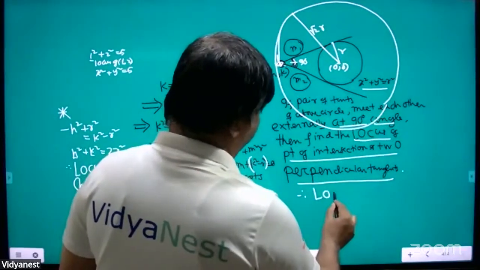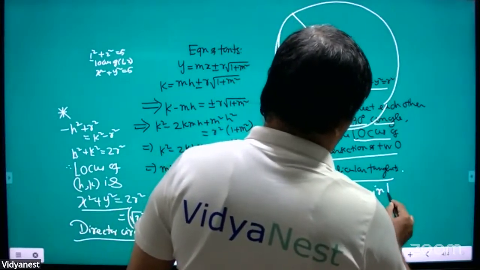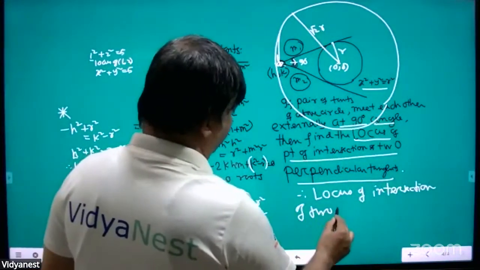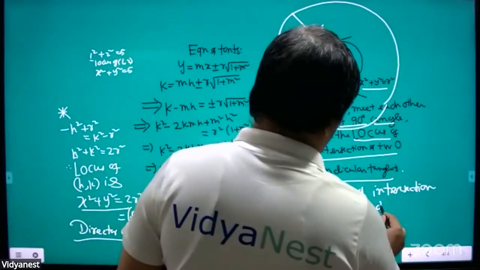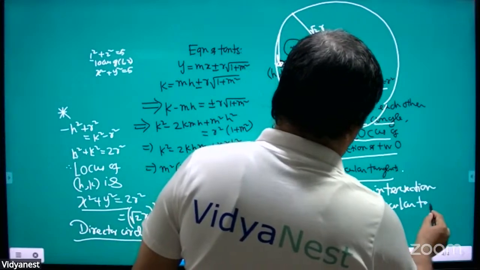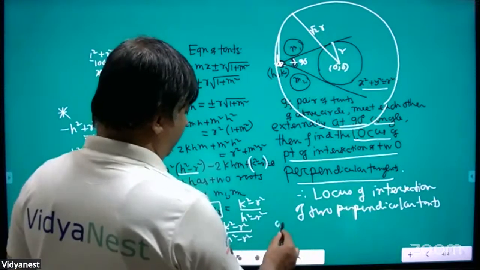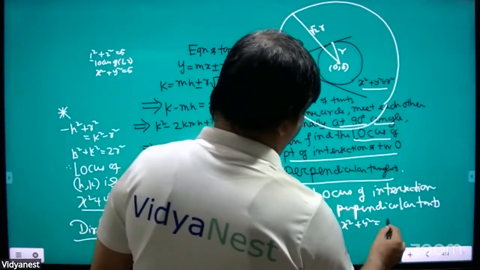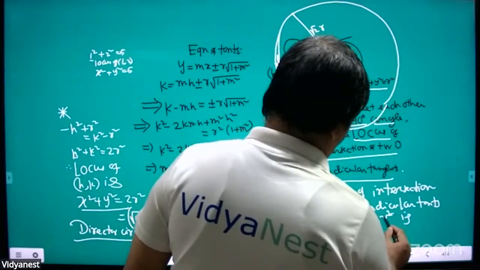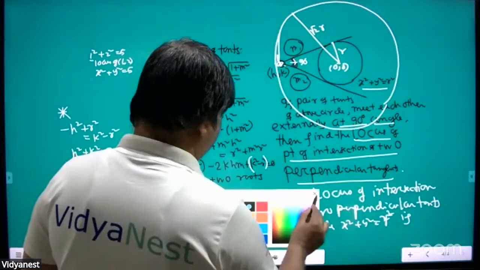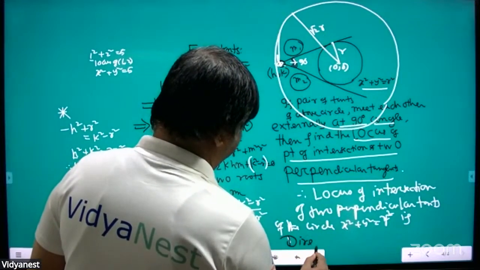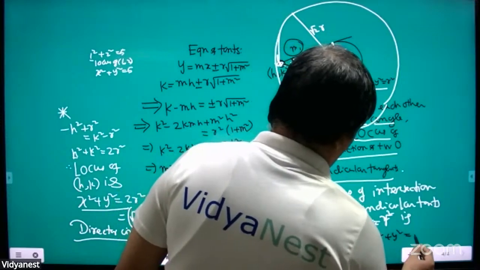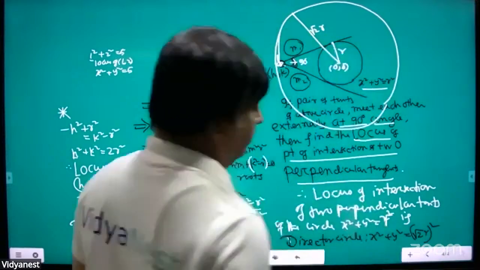Therefore, the locus of intersection of two perpendicular tangents of the circle x square plus y square is equal to r square is the director circle x square plus y square is equal to root 2r whole square.